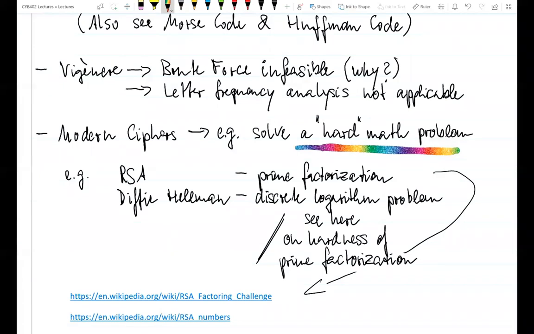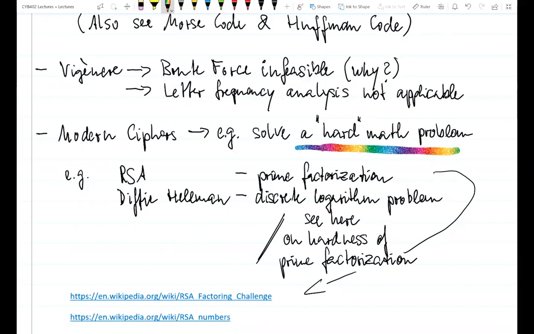And the funny thing is that these mathematical problems are well known, but they're just hard to do. For many of them, or for all of them, there are no good ways to solve that mathematical problem in a reasonable time.